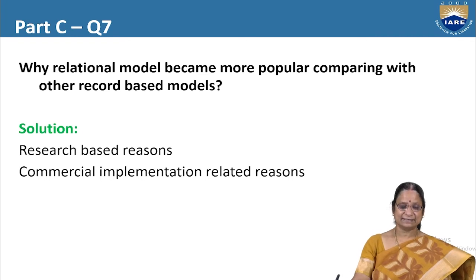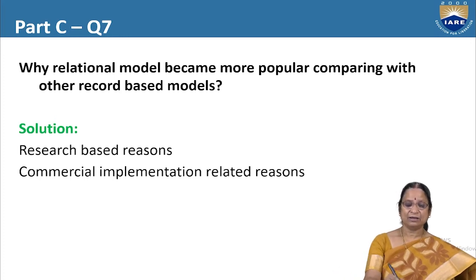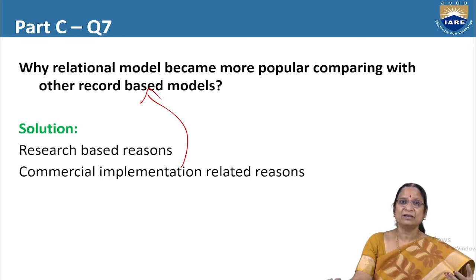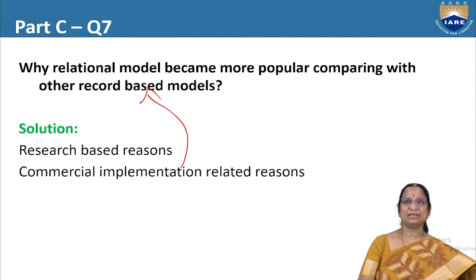Coming to the second reason, commercial implementation. Commercial implementation means it's based upon records. Record-based means we have been using files from the beginning of the introduction of computers for data processing. So all record-based models are very easy for us to understand as well as implement.